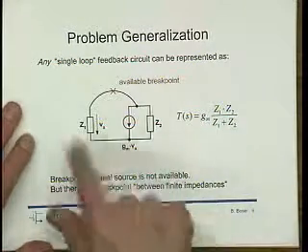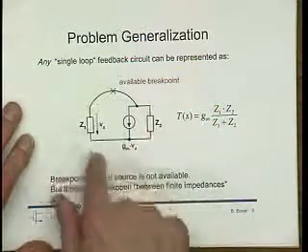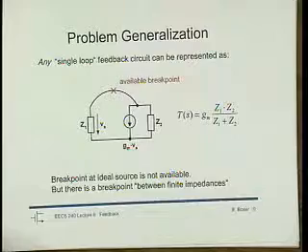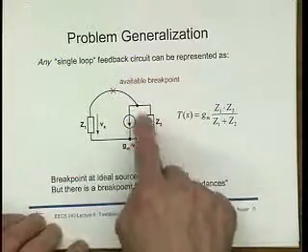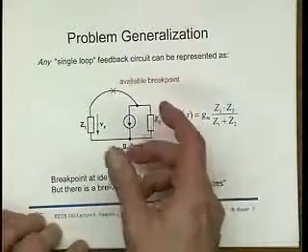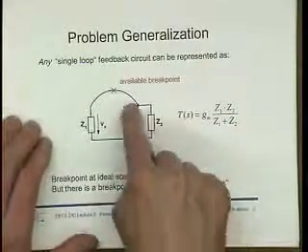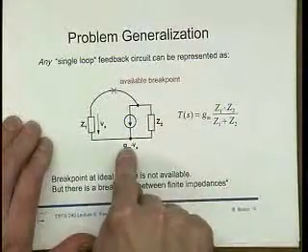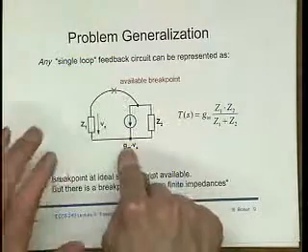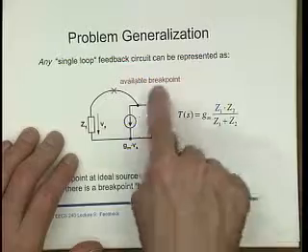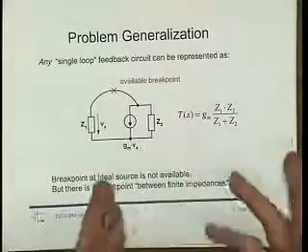Now, if we manage to squeeze our circuit into this form, and my argument is that you always can do that, even if you have a multi-stage amplifier, then you can lump all the gain terms of that multi-stage amplifier into this GM or AV or whatever it happens to be, or X, and you can lump the load impedances all together.